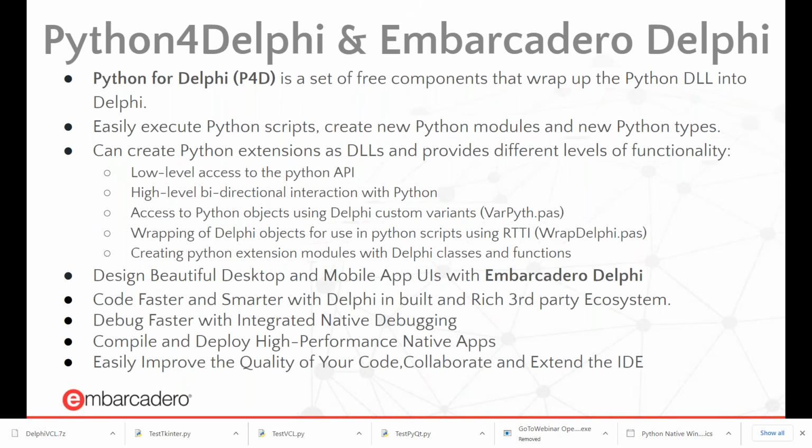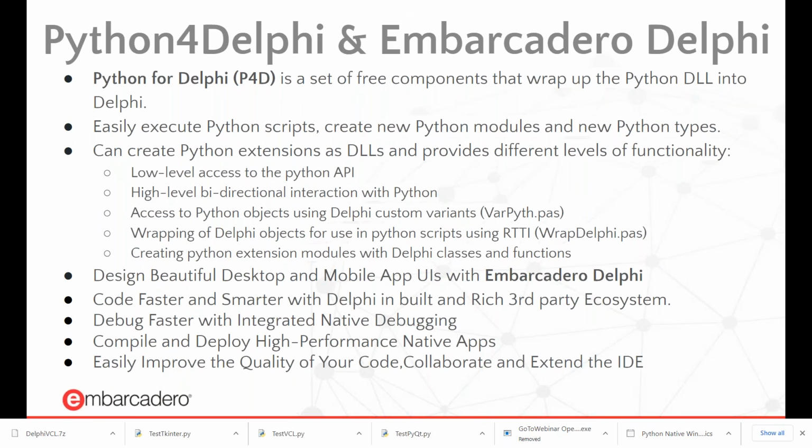Python for Delphi is a set of free components that wrap the Python DLL into Delphi. It's an open source library, developed by Kyriakos, and there are some contributors. I really thank them.